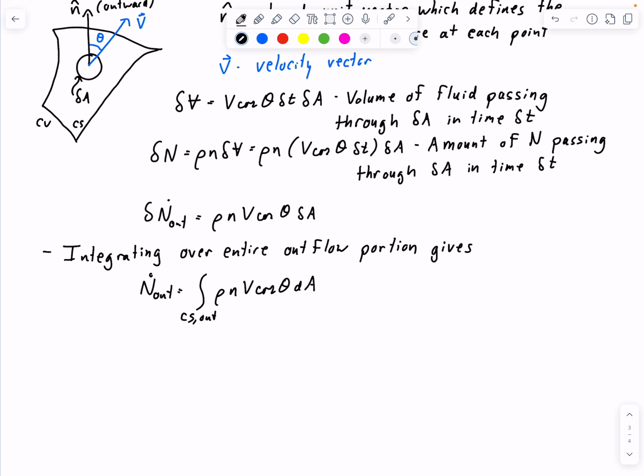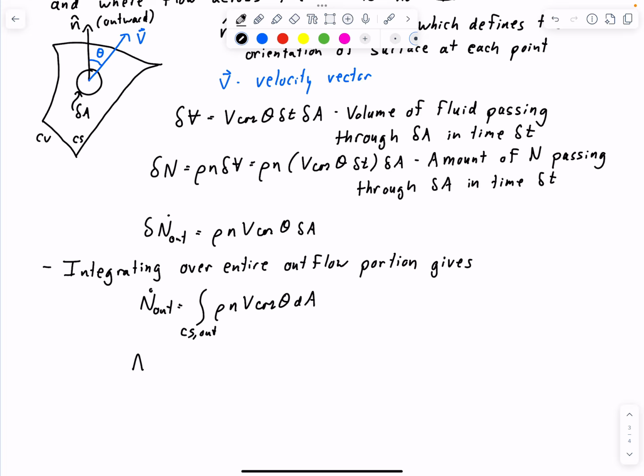Now there's one more way to write this using vector calculus, which is convenient, and we will often do this. We can write this as the integral over the outward control surface of rho eta V dot n hat, the dot product between your velocity vector and n hat, your unit vector.